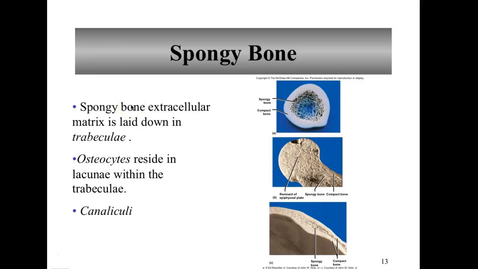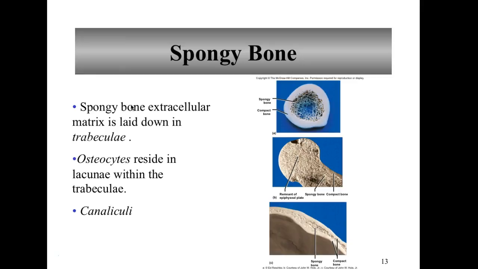In spongy bone, the microscopic structure of spongy bone, or what we also know as cancellous bone, basically consists of poorly organized needle-like pieces of bone called trabeculae. The trabeculae have a lot of open spaces between them, and those are going to be nourished by diffusion from the nearby Haversian canal systems.